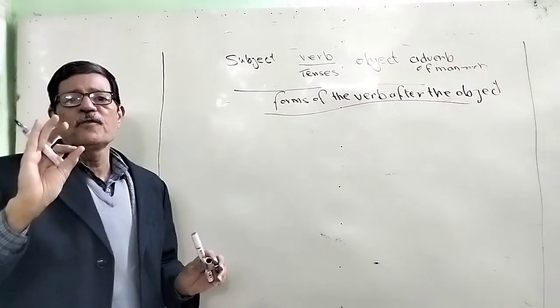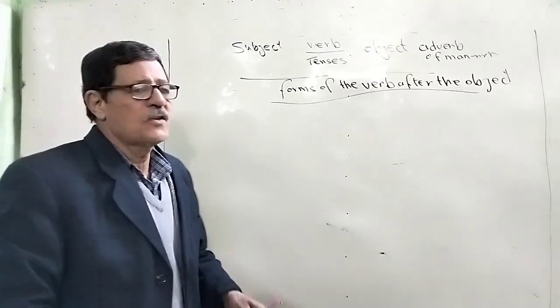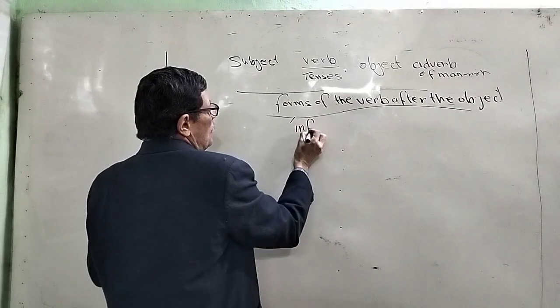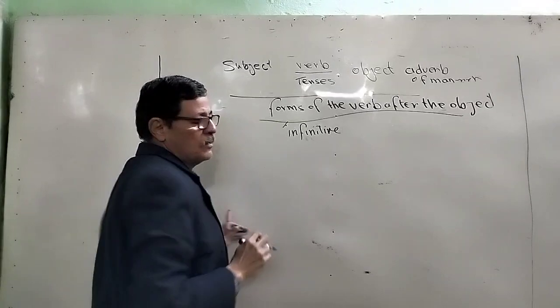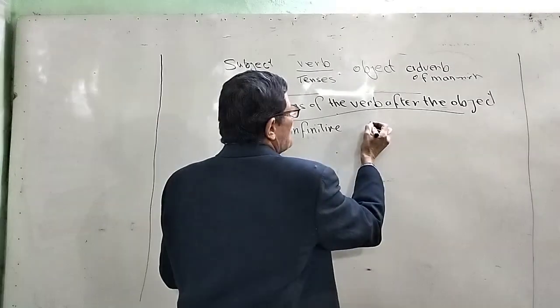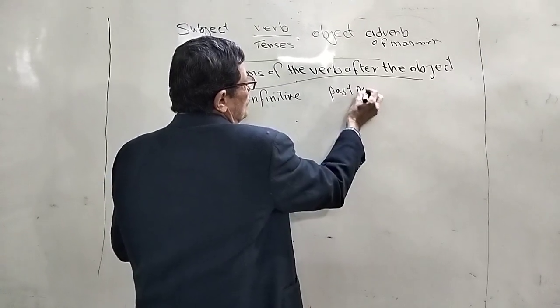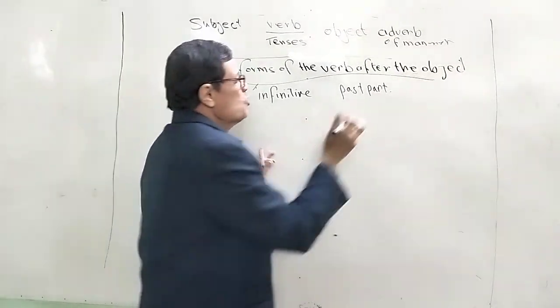There are three forms after the object: infinitive, or past participle, or gerund.